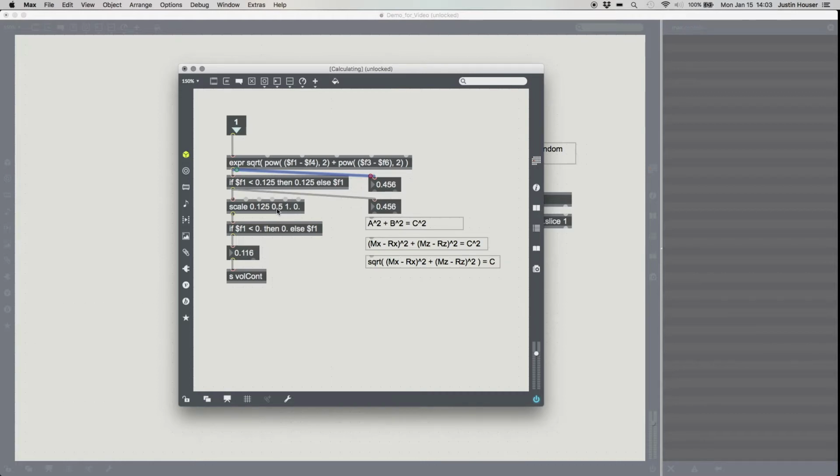If it gets to 0.05, send out 0. And then outside of that, if it gets below 0, just send out 0, otherwise send out the actual value itself. So to show you what that looks like, what happens here is if we get too far away from that point, we end up sending out a negative value, which you're seeing right here.